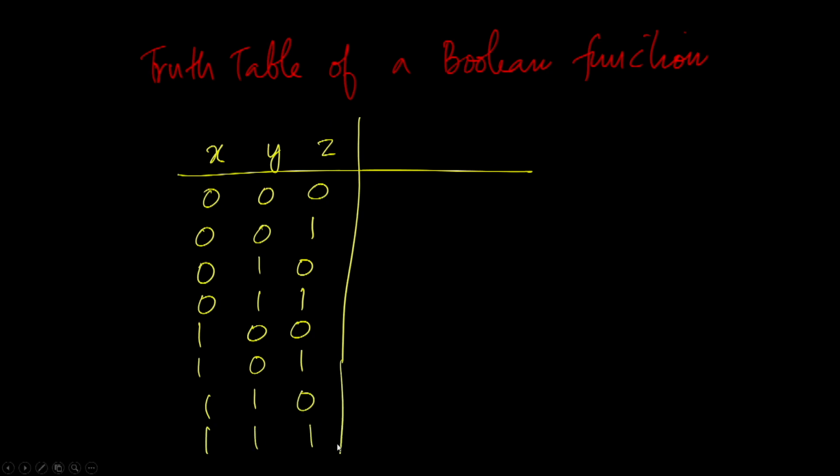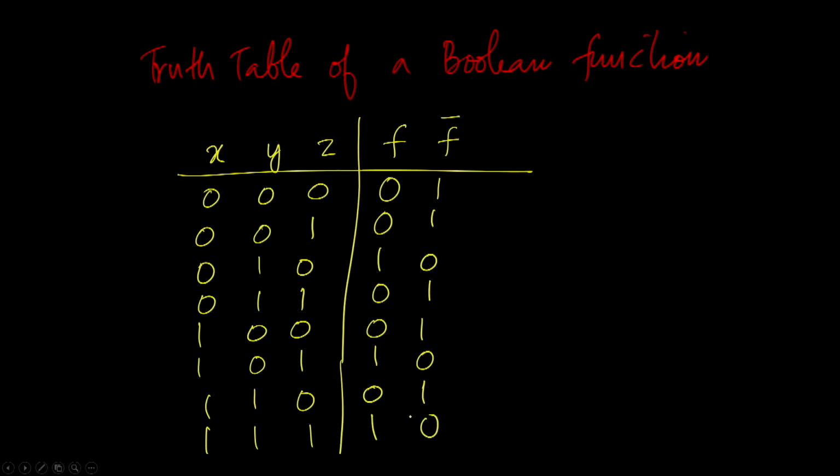These are the 8 rows. Let us say the function is specified in this fashion. The complement of f also we will specify. So a truth table of a Boolean function is specified in this fashion. So this is a 3-variable Boolean function.